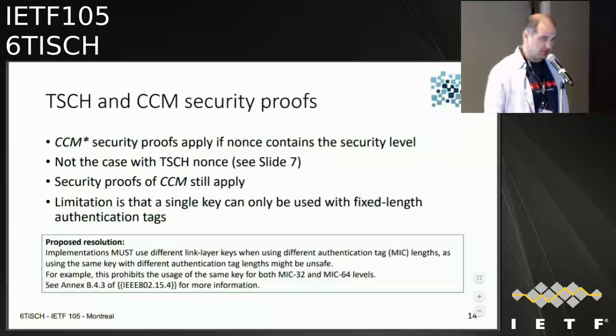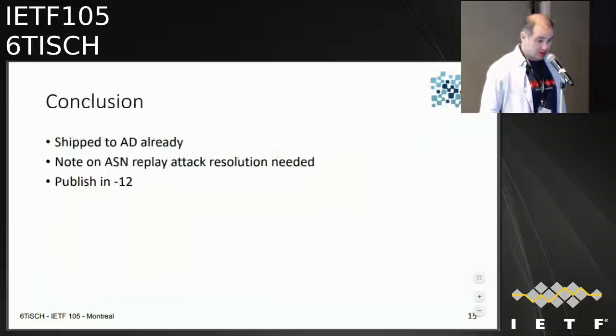What we propose to add to the draft is just a small paragraph in the section on IEEE 802.15.4 keys, forbidding the use of different security levels with the same key. So that's pretty much it.